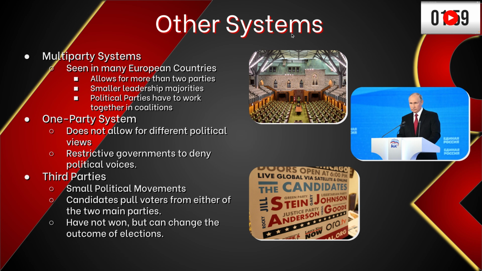So this has happened in the past, where back in 1912, Teddy Roosevelt runs for election under the Progressive Party, and that takes enough votes away from then President Taft to allow Woodrow Wilson to become elected president.